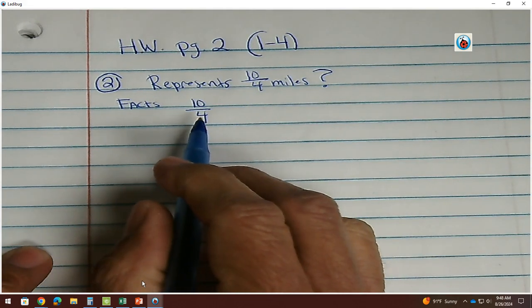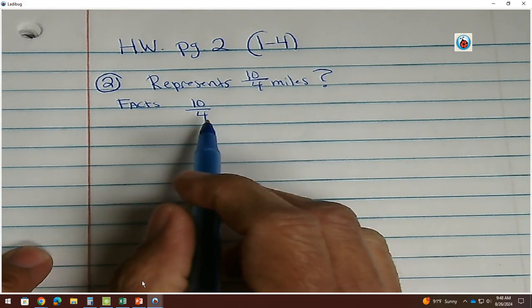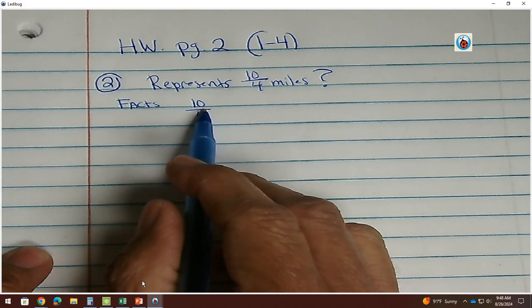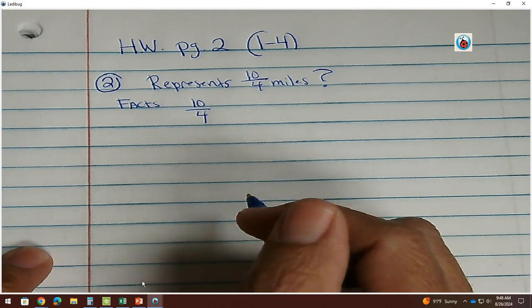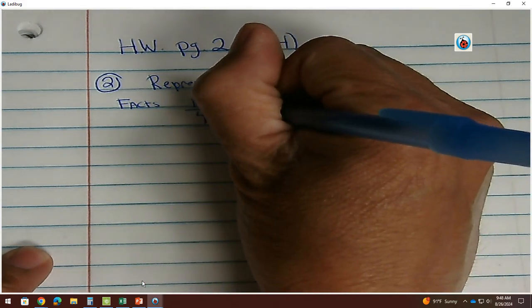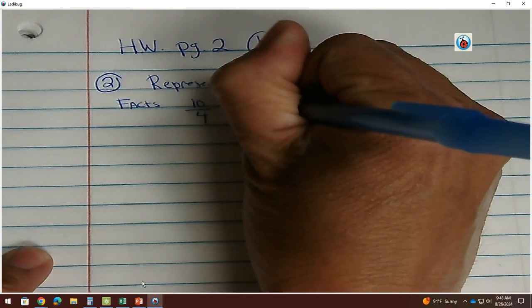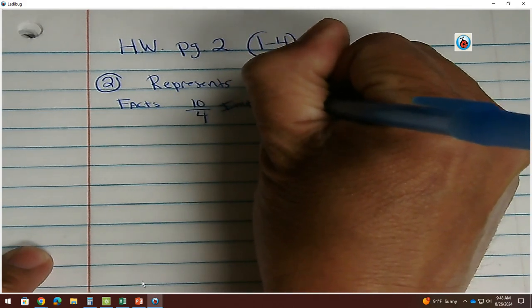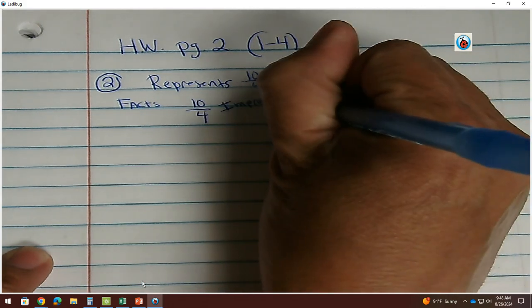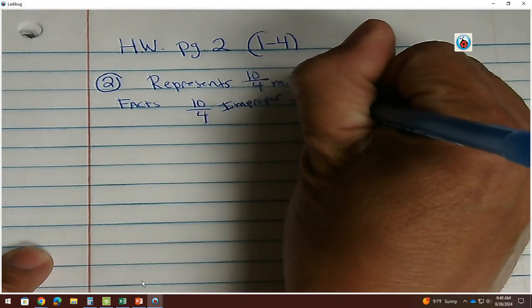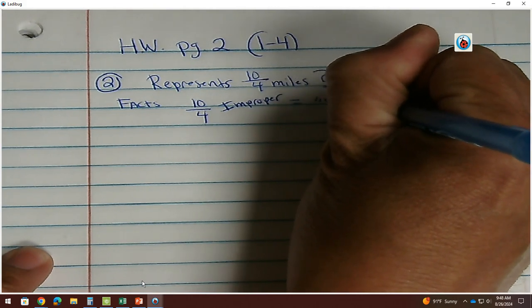It is an improper fraction. When the number on the top is bigger than the number on the bottom, that is called an improper fraction. So I might want to put that note here and say, you are improper. And whenever you have an improper fraction, that means that you will have wholes. You will have units, whole numbers.